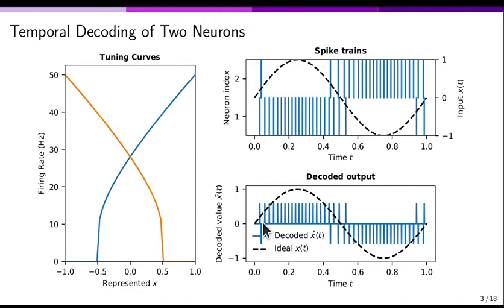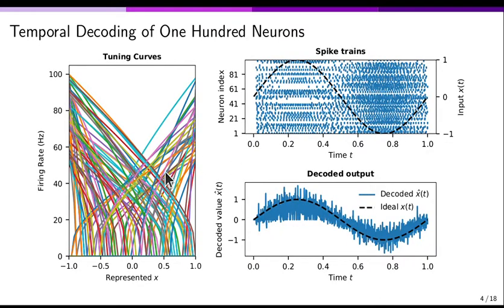Well, a couple of reasons, but one reason is that we only have 2 neurons. That seems wrong, so let's increase the number of neurons. Same thing: generate a whole bunch of neurons, feed in our sine wave. Now each neuron has a different encoder, a different gain, a different bias. So if we were doing the rate mode approximation, we would get these tuning curves on the left.